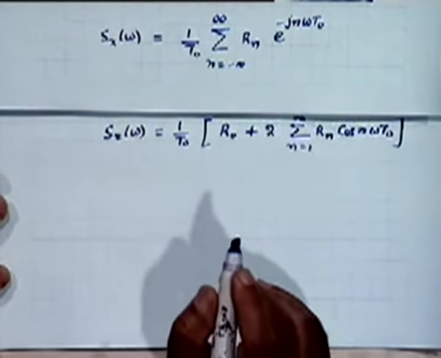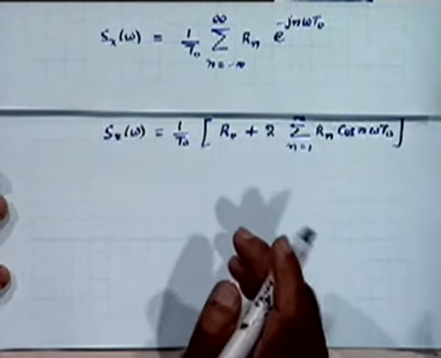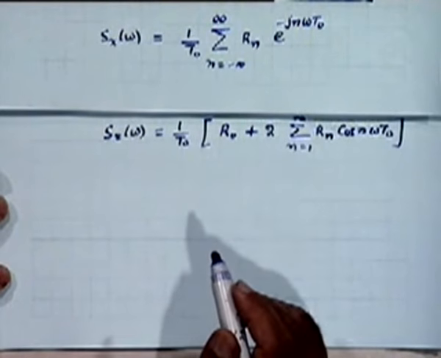This is the power spectrum of the impulse train, and if you remember, we started by saying that we can obtain the power spectrum of a pulse train with an arbitrary pulse shape p of t by passing this x of t through a filter with impulse response p of t.